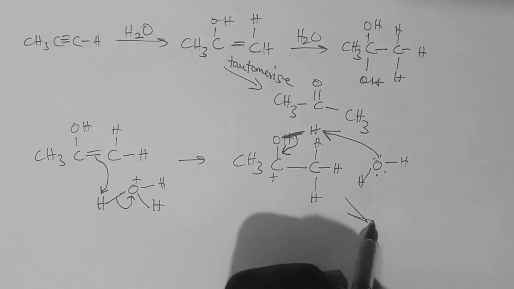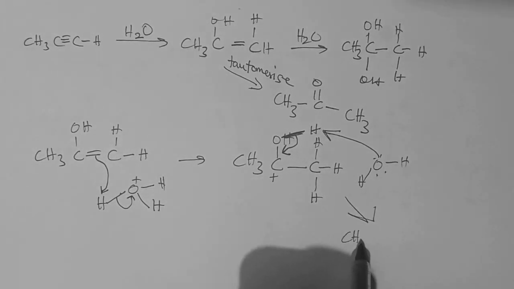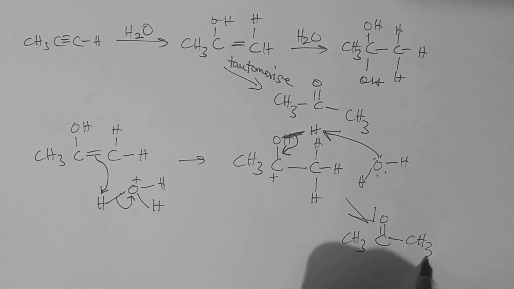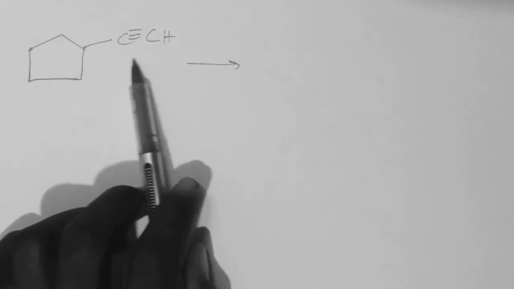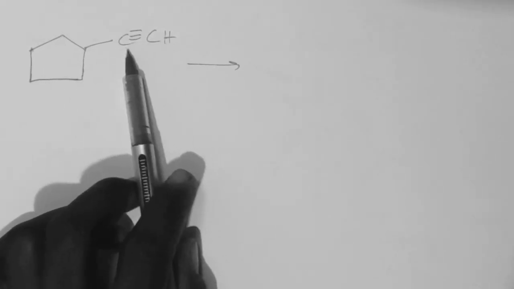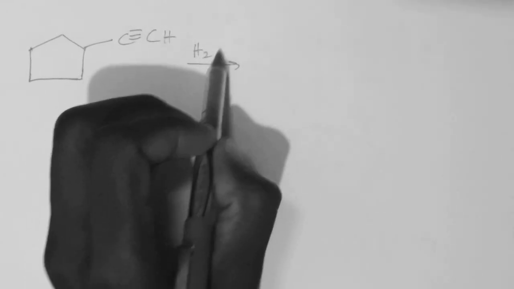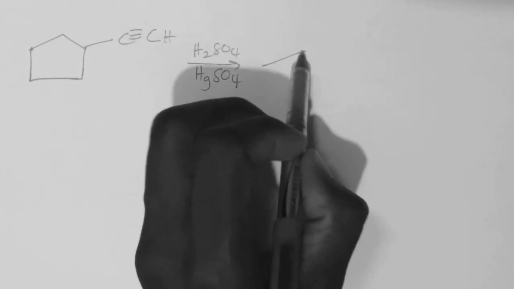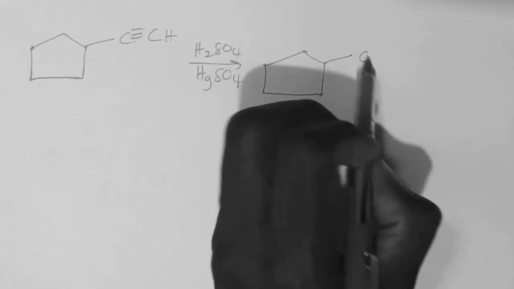And therefore, in the final step, we are going to form the ketone. But on an industrial scale, to form the ketone, what we do is that you use sulfuric acid in mercury sulfate, and that will cause the formation of the ketone in large quantity.